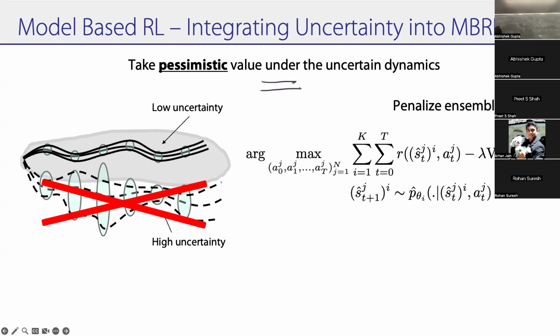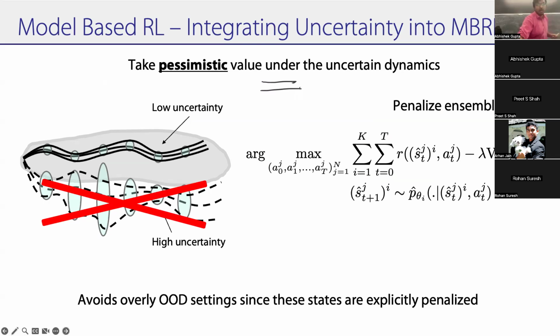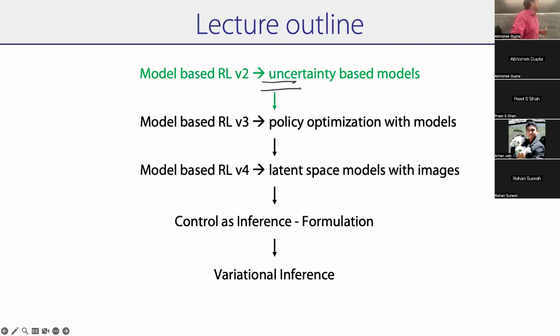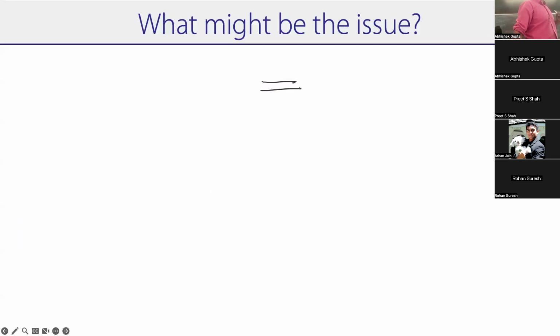Every time you want to sample, you sample one of the elements and take a step forward. So you're sampling on the mixture, and the mixture is going to incorporate uncertainty.